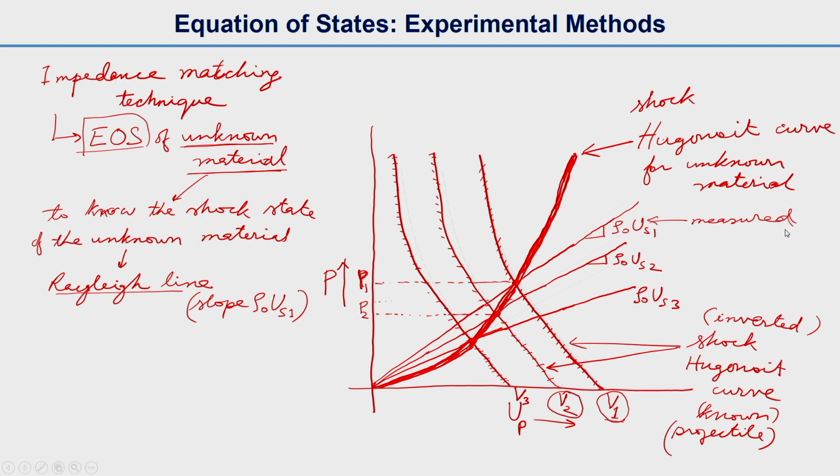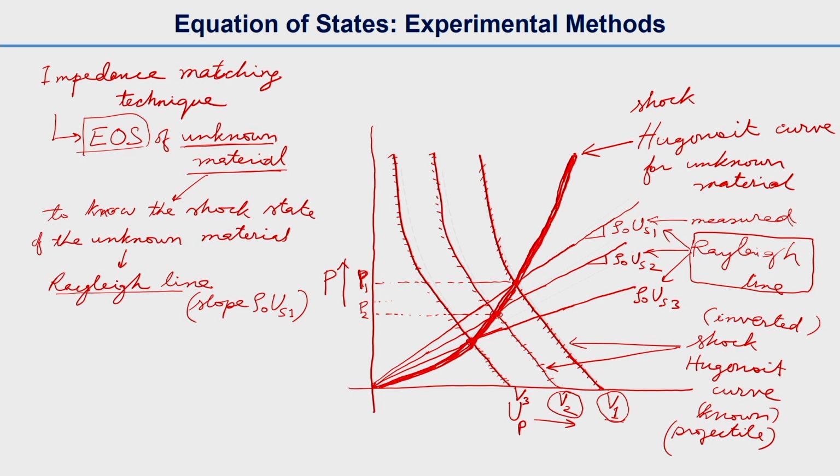Density we know for the unknown material, but what we don't know is the equation of state. These three are Rayleigh lines, and they have slopes equal to density multiplied by the shock wave velocity.